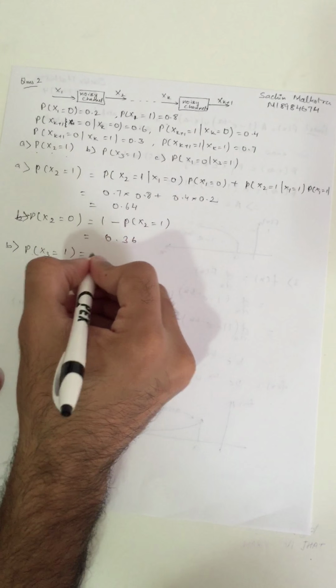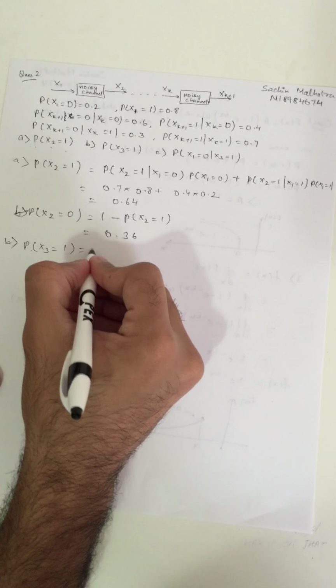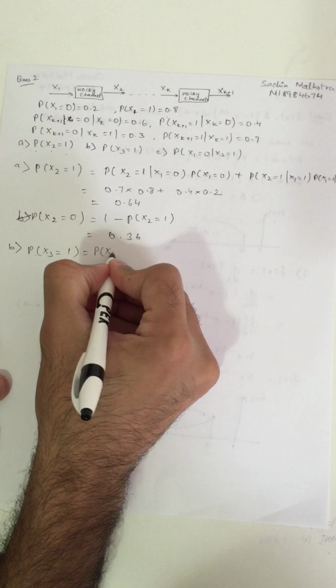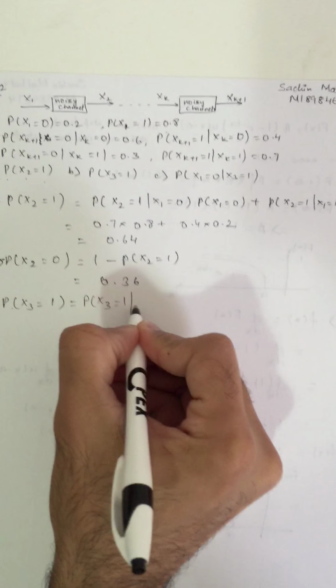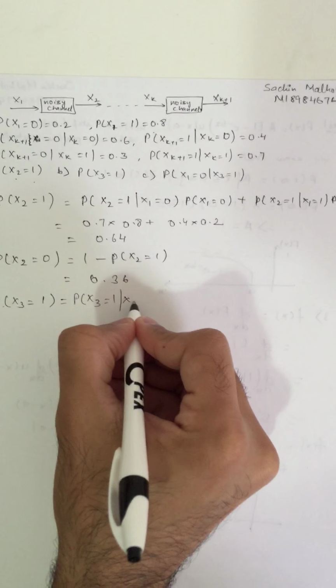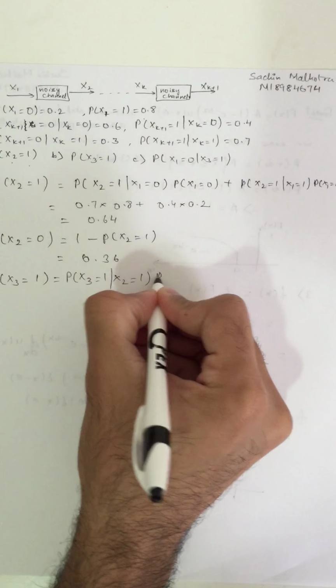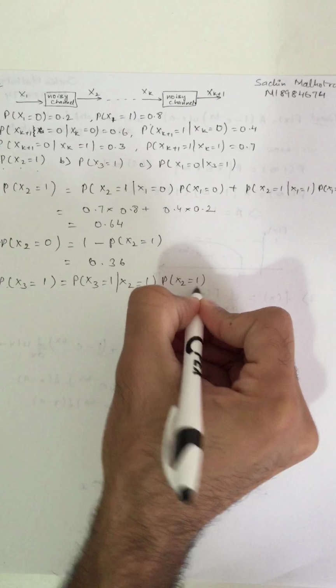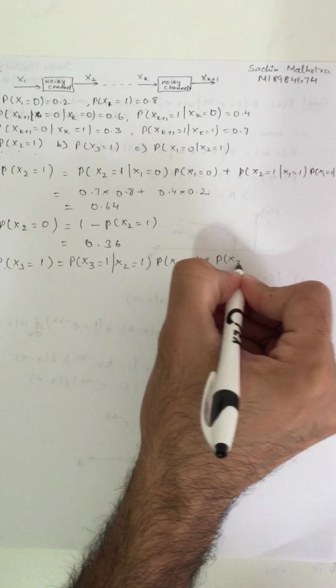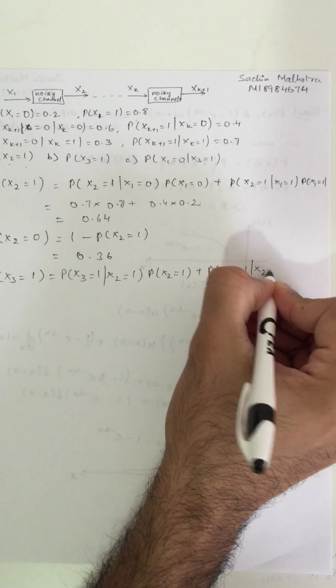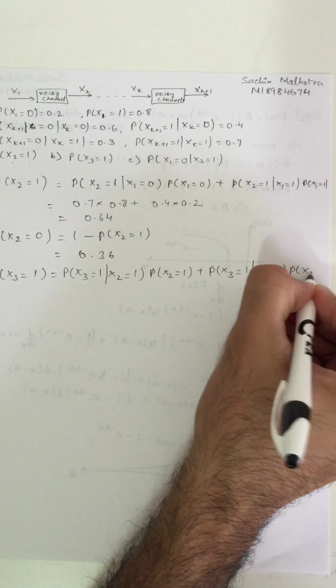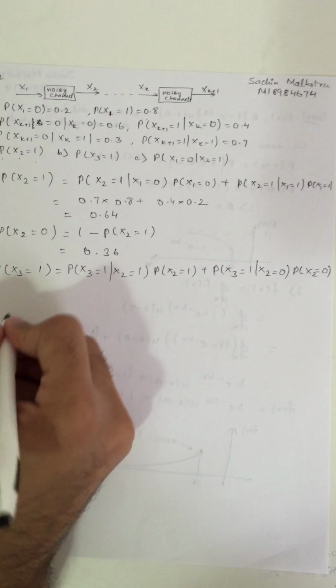This can be found out in a similar manner using the formula of total probability, that is P of X3 equal to 1 given that X2 equal to 1 into P of X2 equal to 1, plus P of X3 equal to 1 given that X2 equal to 0 into probability of X2 equal to 0.